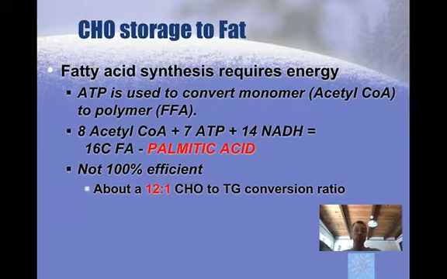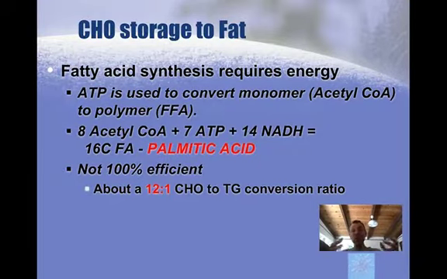And so to form one free fatty acid of palmitic acid, which is a 16 carbon fatty acid, a 16 carbon chain, that's the length of fatty acid that our body loves to make. It doesn't like to make longer ones or shorter ones. For some reason, the 16 carbon length is what our body loves.